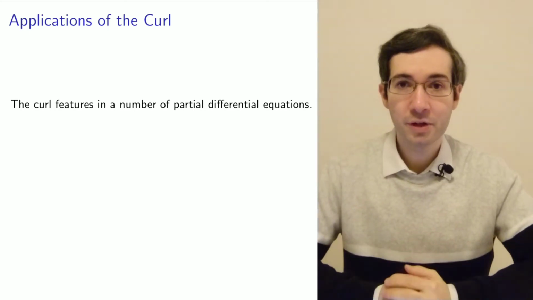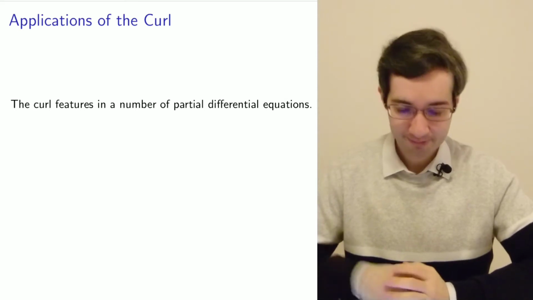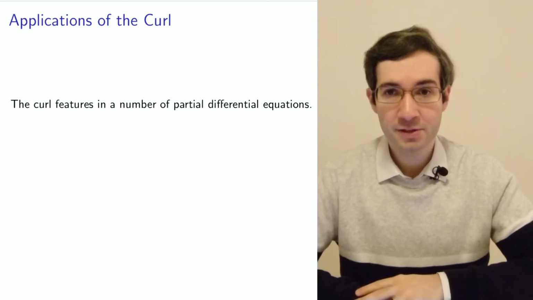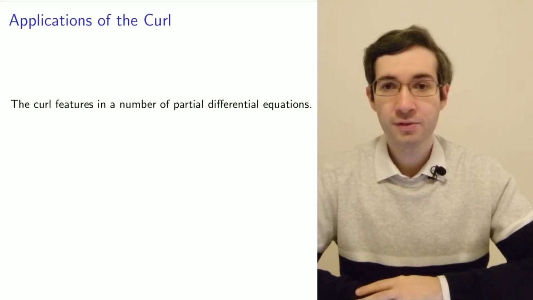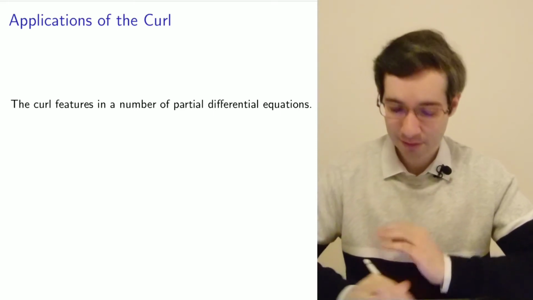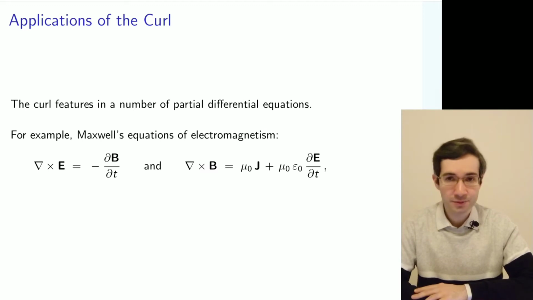Let's talk a bit more about the applications of the curl, the differential operator we recently learned about. You've seen that it's really helpful to understand the flow of the fluid, the vortices and so on. And it's also extremely useful to understand key processes in electric and magnetic fields.